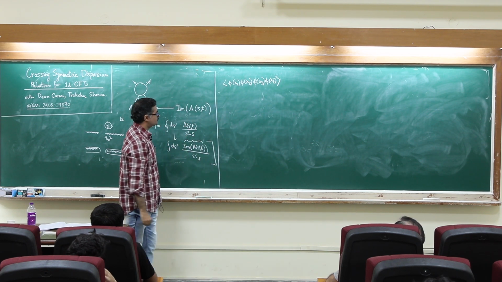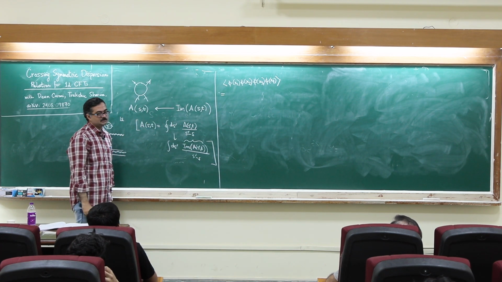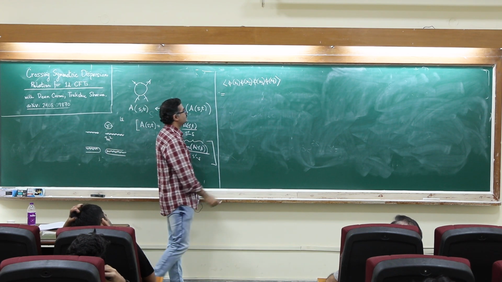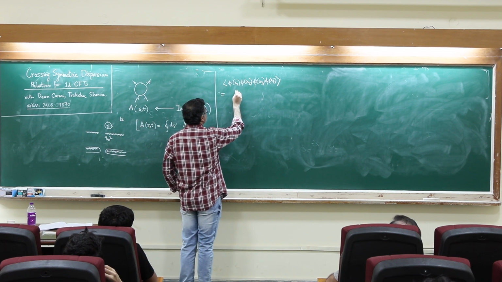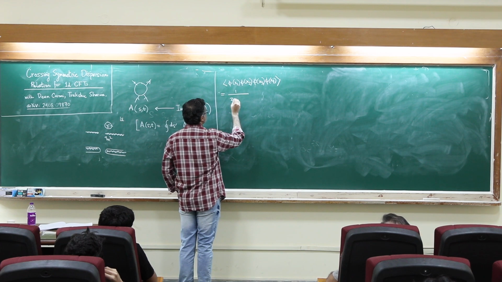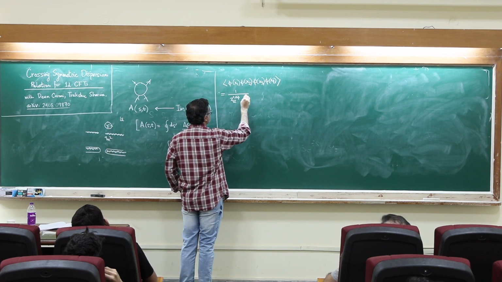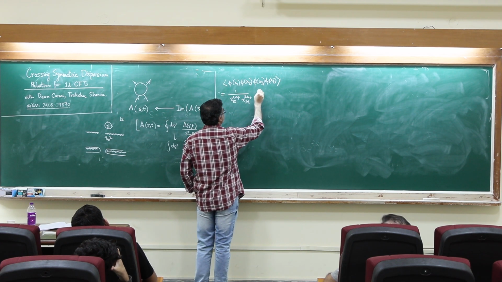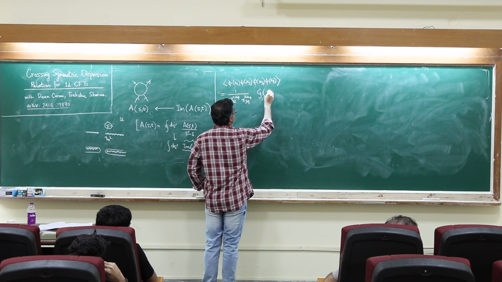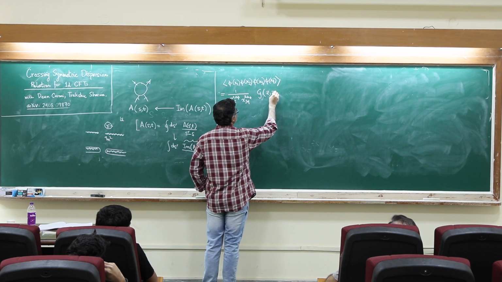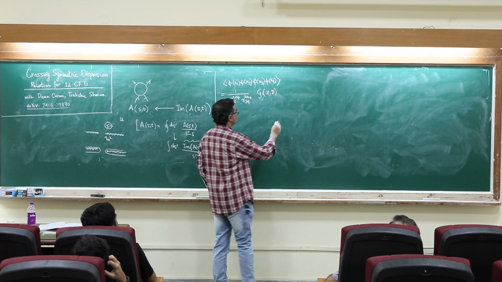For simplicity, let me consider the case where these operators are all identical, with the same scaling dimension, delta phi. Then you can pull out some factors like this, and up to this normalization, you can write down a function which is conformally invariant in terms of what are called cross ratios.